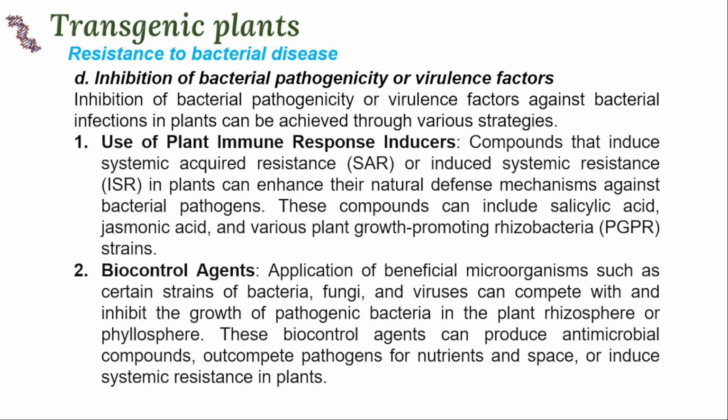Next, one more approach is inhibition of bacterial pathogenicity or virulence factors. Here we can trigger the plant immune response, enhancing the production of some secondary metabolites or polyphenols in multiple folds, so that it can easily defend against bacterial pathogenicity.